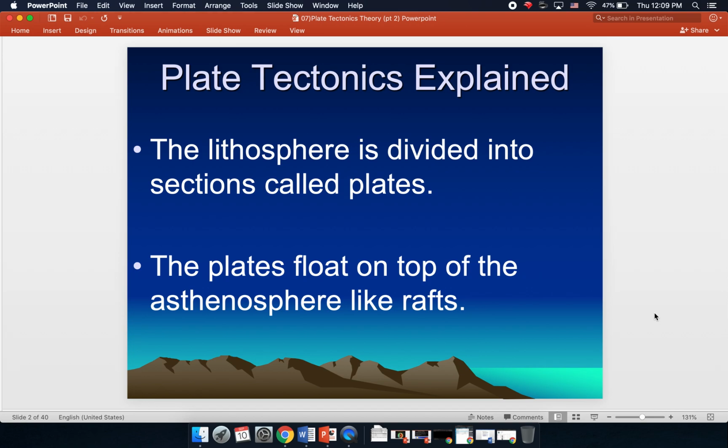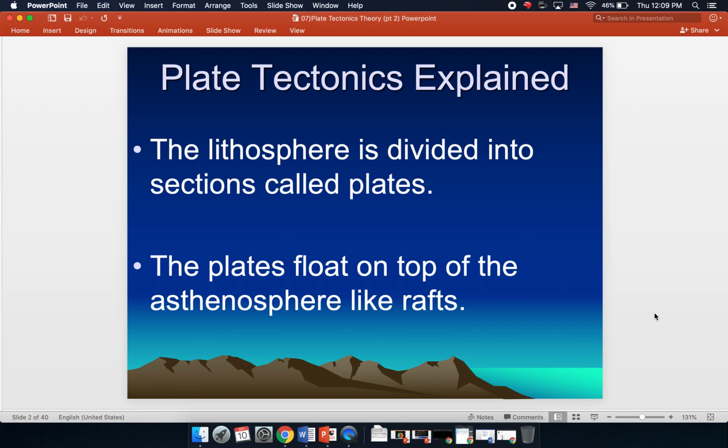Earlier we talked about Earth's mechanical layers: the lithosphere, which is the rigid solid outer layer, and the asthenosphere, which is below it and is not completely a melted liquid, but is not completely solid either. It's described as being plastic-like and can flow. So the lithosphere, that outer brittle layer, is divided into sections called plates.